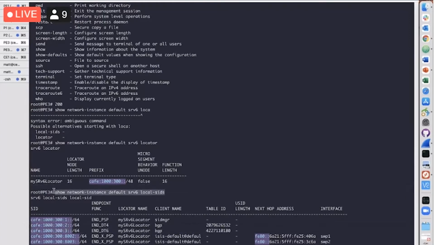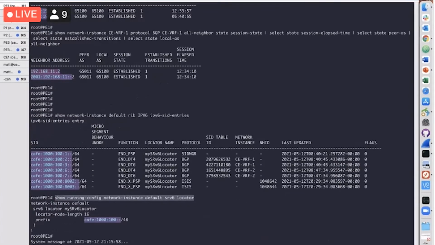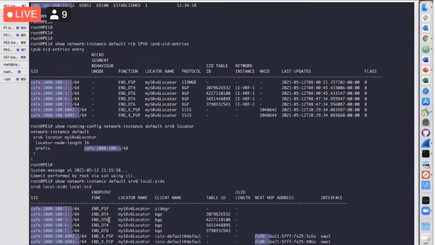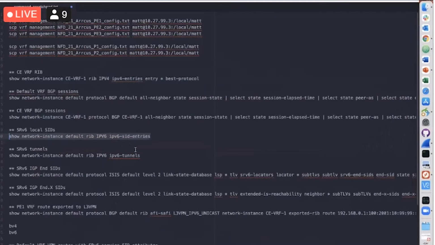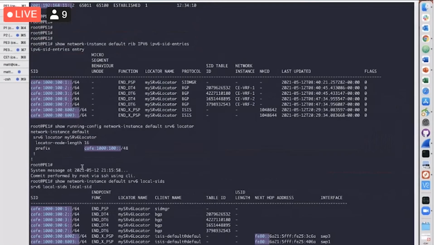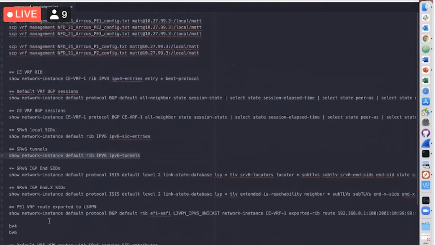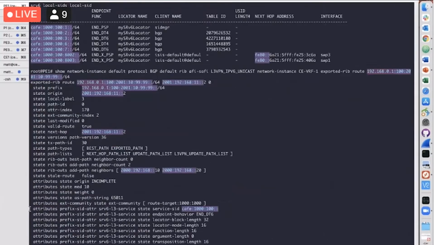And you can see this on all of these PEs. They all have, out of their unique locator, a combination of DT4 and DT6 SIDs allocated that are also advertised with the prefixes in those VRFs, or in those VPNs. So once a router receives information in the VRF about a prefix, in this case, we're going to be looking at 2001:10:9999::/64.